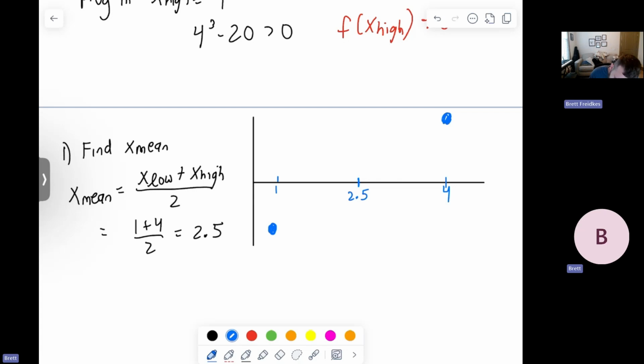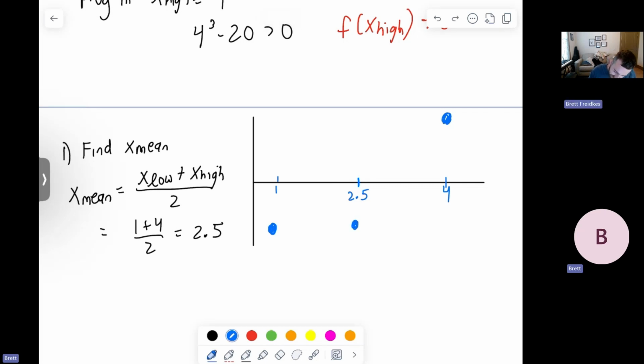So let's say that 2.5 was positive. We don't know yet, but let's pretend it's positive. Is it going to become the new x high or the new x low? Well, let's think. If I drew a line like this between 1 and 2.5, it looks like I'm passing through the point that we want, the root. So in this situation, the 2.5 is going to become the new x high.